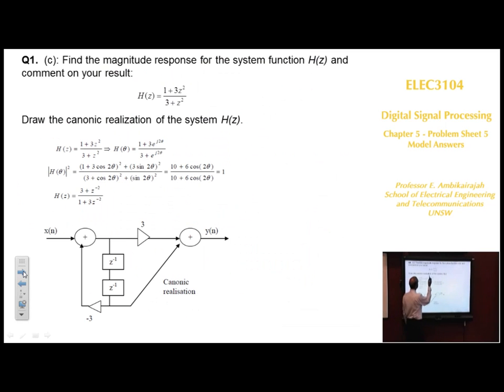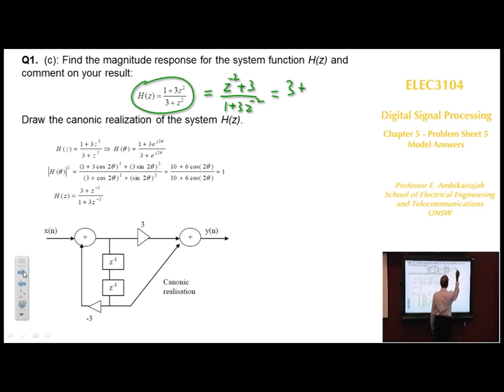Find the magnitude response of this system. That's what this question is. So you should normally rewrite this as z to the minus 2 plus 3 over 1 plus 3 z to the minus 2, or the other way around. So it should be like this: 3 plus z to the minus 2 over 1 plus 3 z to the minus 2.